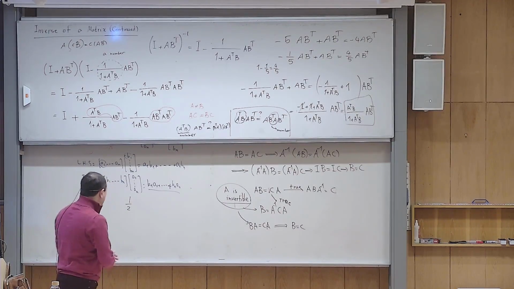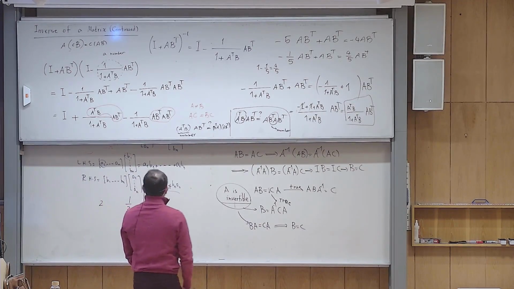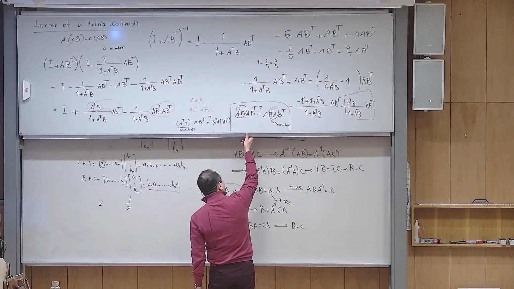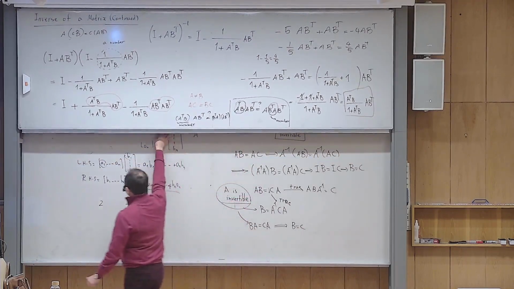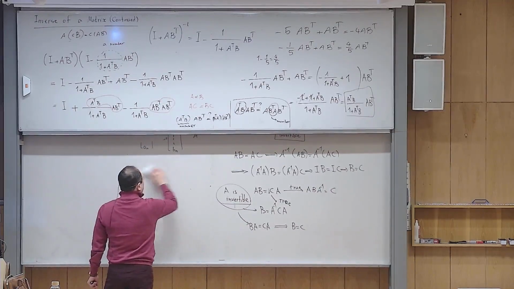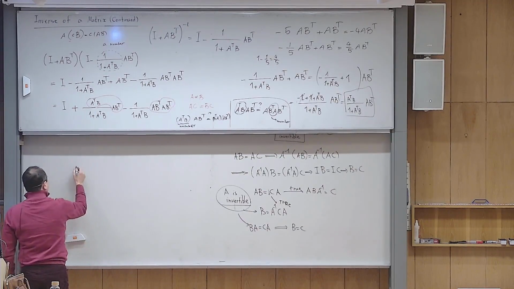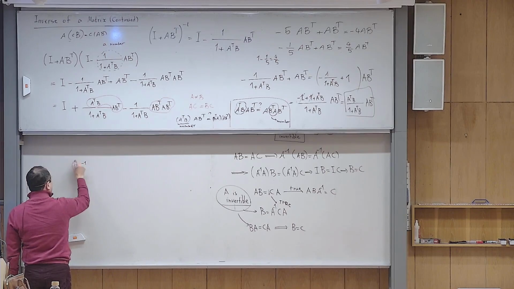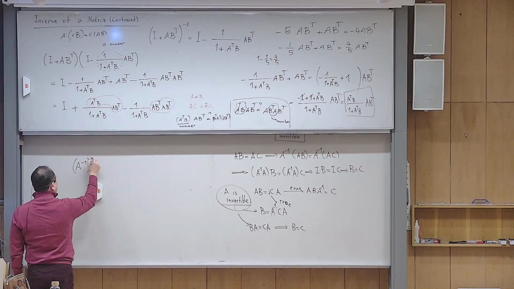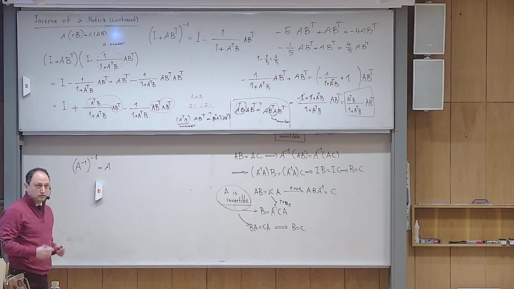Yes, you are right. So another way to look at the problem is this. What you are saying is that I want to show that if A is invertible, of course, this matrix is invertible, and its inverse, by the way, is being proposed. Yes?